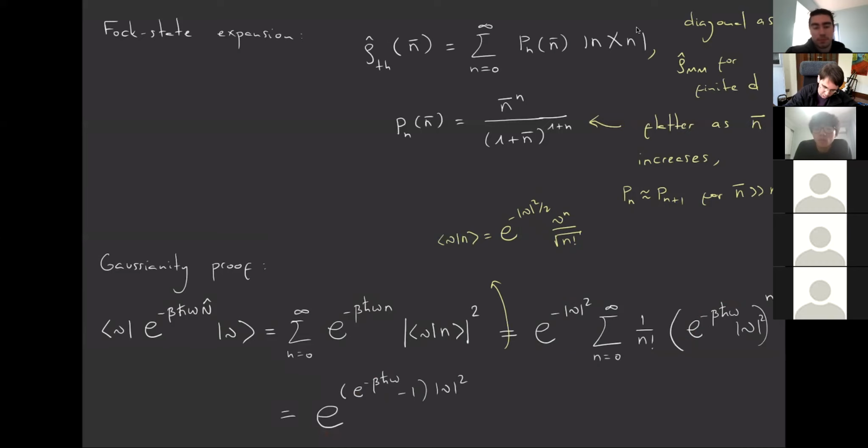But we see that this is the exponential of a quadratic form in mu, which actually means that rho thermal is Gaussian, like I told you and like I wanted to prove.